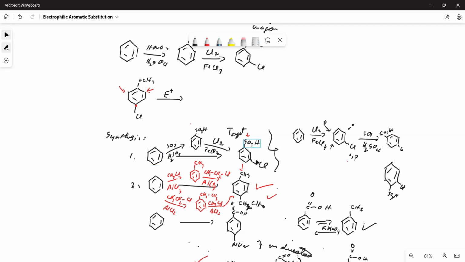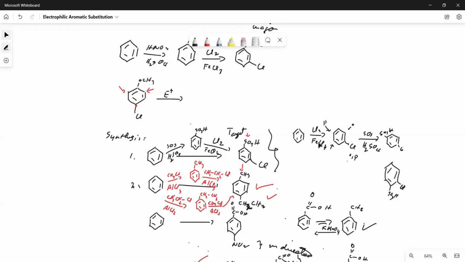Since there are two substituents attached, your benzene will undergo 2 rounds of electrophilic aromatic substitution. So the question now is, which one will be attached first? The chlorine, followed by sulfonic acid group, or the sulfonic acid group followed by chlorine?